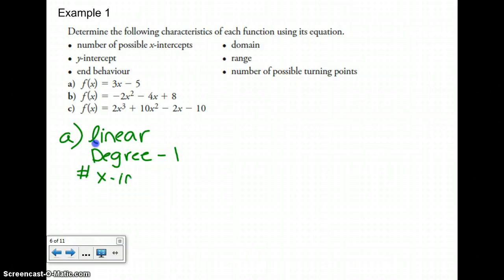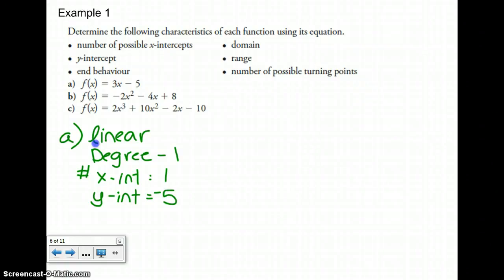The number of x-intercepts is 1, because a line can only cross the x-axis once. It doesn't turn back around. Now the y-intercept. The y-intercept, remember, is also your constant. Negative 5. Good, because it's got a negative sign in front.